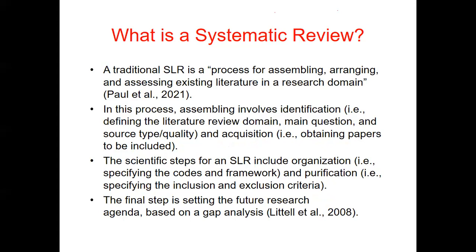But in this process, the assembling involves identification, defining the literature review domain in which you will be more into, looking at your research questions, the source type and quality of the material that you're researching, but also the acquisition of the papers that are to be included in the systematic literature review.